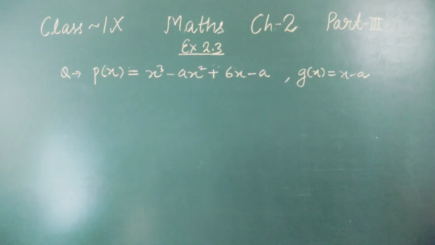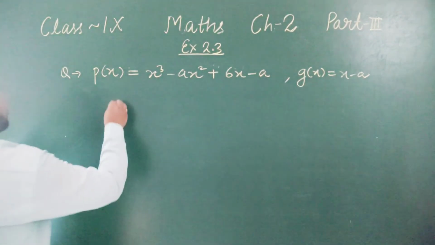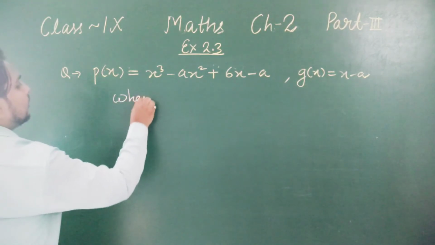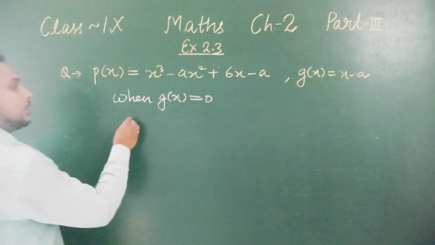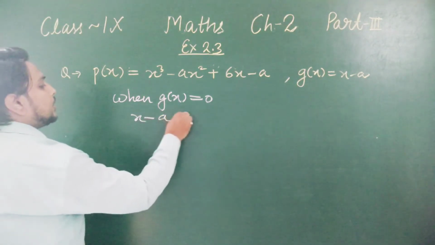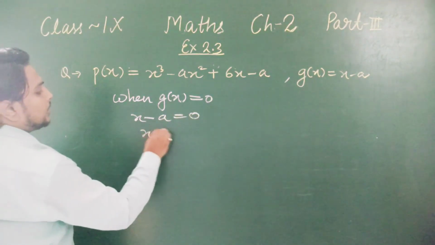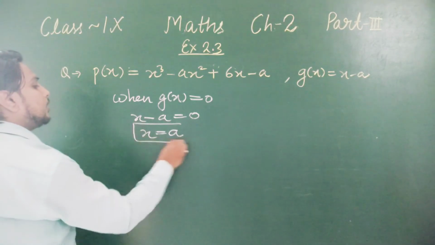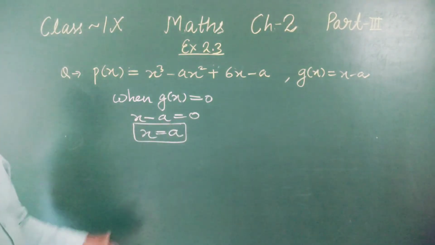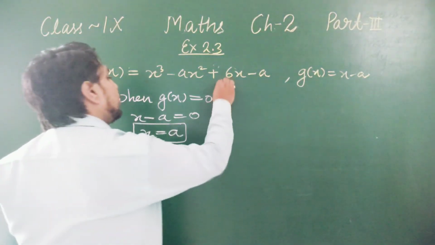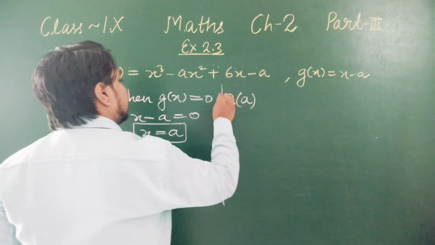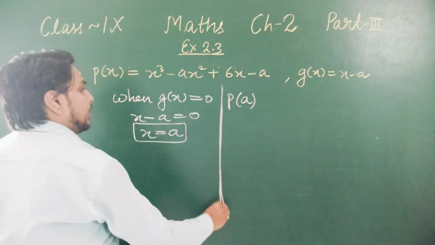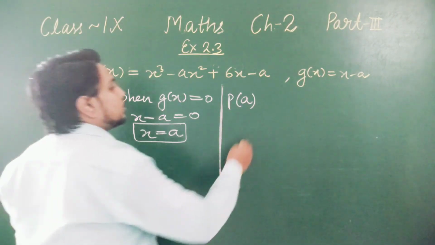Let's see how we will find the remainder. We will write when g(x) is equal to 0, so it means x minus a is equal to 0. It means the value of x is a. So this value of x you will put in the polynomial, that is, in place of x you will write a, so p(a).